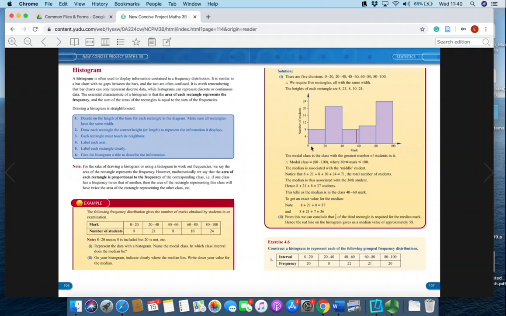So the widths, if they go up in the same amount, so in this case you see they're going up in 20s, that means that you should have the width of each of these columns the exact same. Okay, that is very important because a histogram is a picture and you have to get a feel, for example, how many people are between 20 and 40 from this picture. So if you have different widths for your columns, then your mind processes that differently.